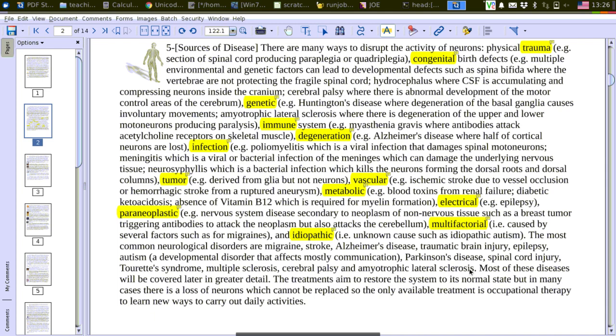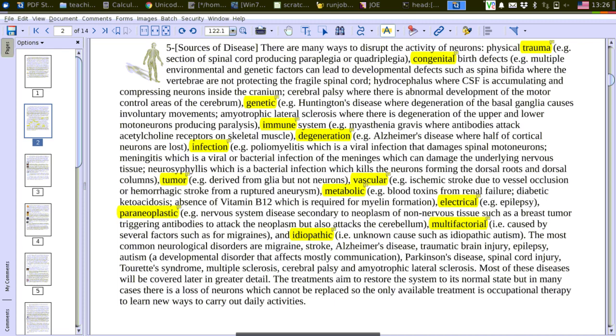So these are the most common seen by a family physician. Now, the family physician would refer to a neurologist for taking care of the patient, but the patient would most likely first see a family physician.